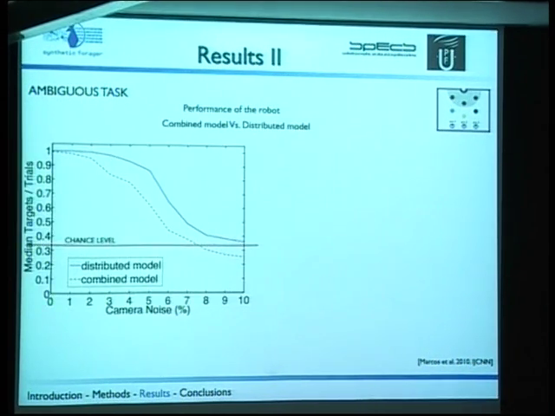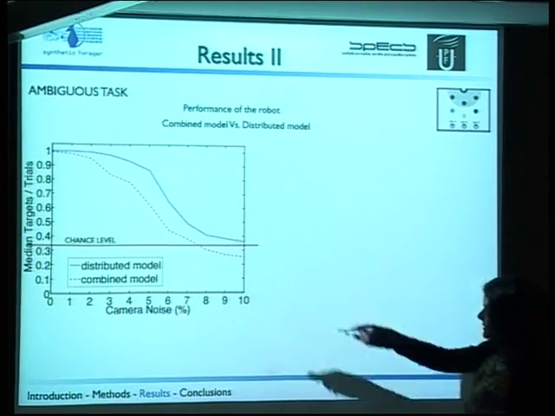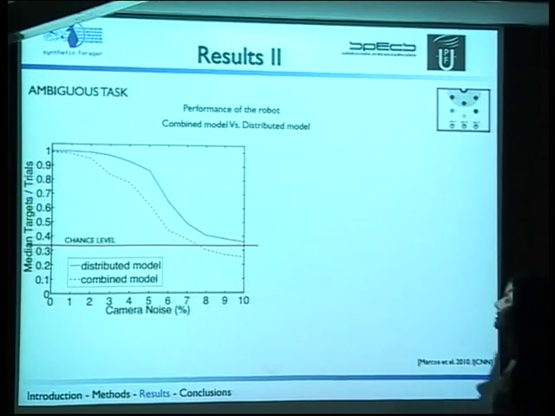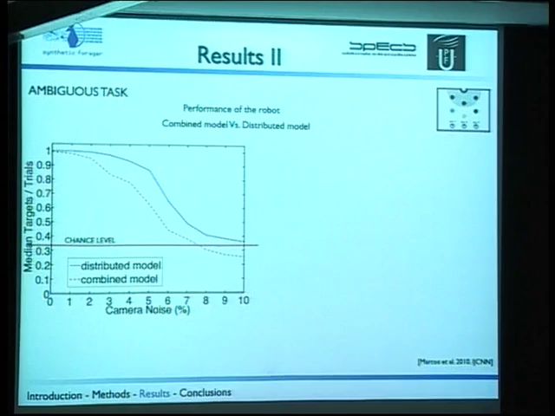And also, once again, in terms of performance, in the ratio targets divided into trials, we see that the distributed model, which is the one in blue, has a better performance when the noise in the camera increases.